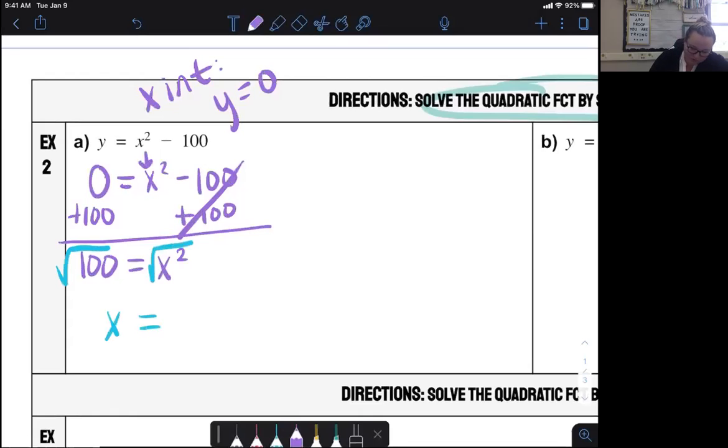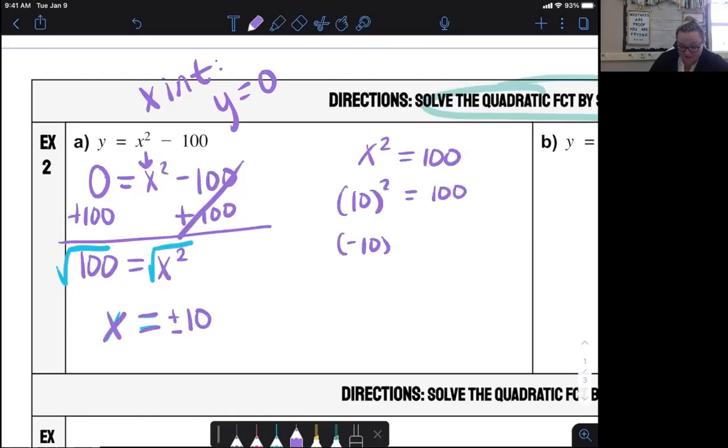Now, when you square root a number, you technically always get 2 answers. So the square root of 100 is 10, but we technically have 2 answers where we always get positive and negative 10. Because if you go back to x squared equals 100 and you plug in positive 10, well, positive 10 squared is 10 times 10, which is 100.